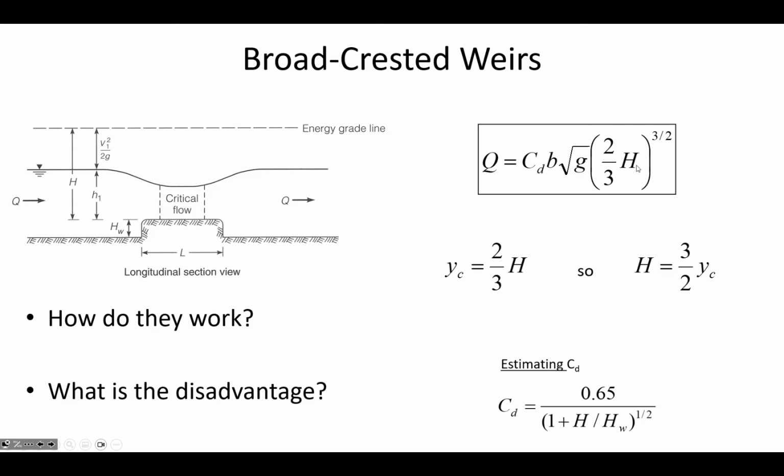And so if you have the critical depth and then some sort of an energy loss coefficient, C sub D, which represents how much energy is lost when you have an obstacle in the way, and B is the width of the channel and the width of the weir, we can use this formula to estimate the flow rate through the channel. And you can determine the coefficient of discharge, which is, again, how much energy is going to be lost as the water goes over that obstacle, by looking at the ratio of the weir height and the amount of energy that's in the channel, so H.